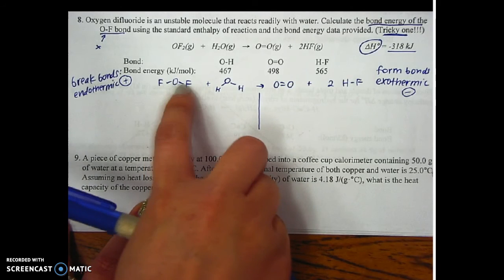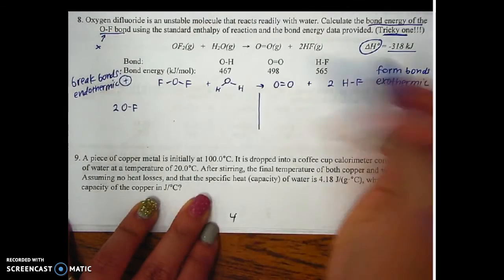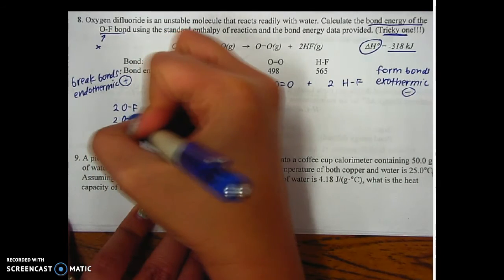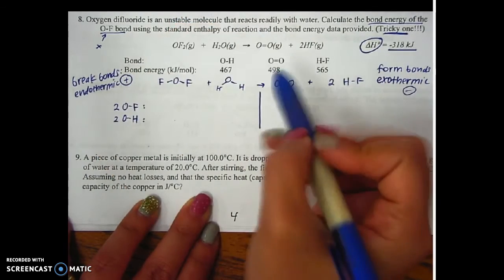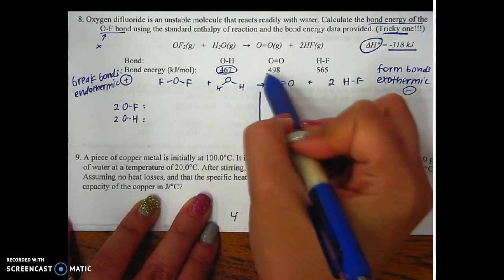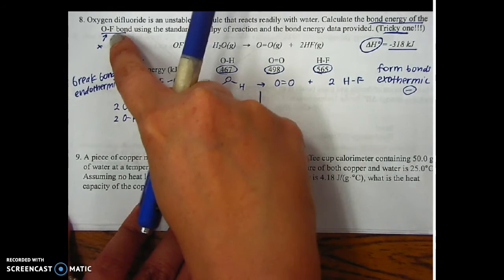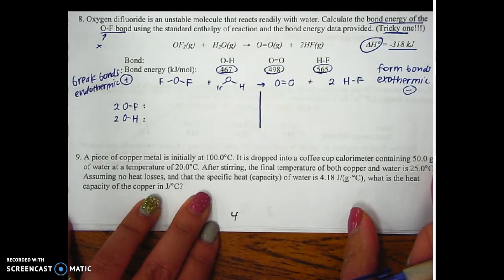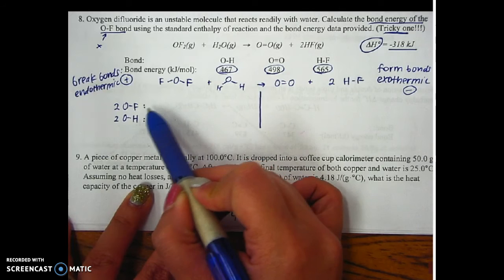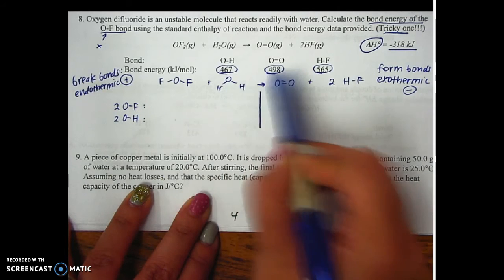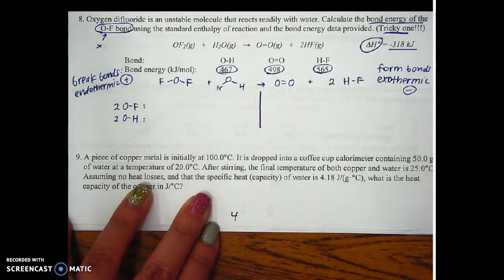We have 2 oxygen fluorine bonds. Okay, and we also have 2 oxygen hydrogen bonds. Now all this information was given to us right over here. And you guys would get these numbers on the test as well, unless you're being asked to solve for one like we have for the oxygen fluorine. So if I'm trying to figure out the bond energy between the oxygen fluorine bond, it's not given. And in fact, we remember from back here that it's something that we're trying to solve for.